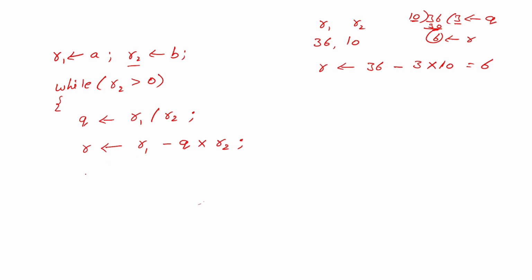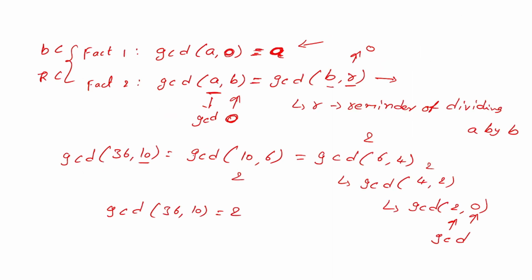And next, here we are finding the remainder. For 36 and 10, we get the remainder 6. After that we need to find the GCD of 10 comma 6. We are taking the second value as the first value here, and the remainder as the second value.